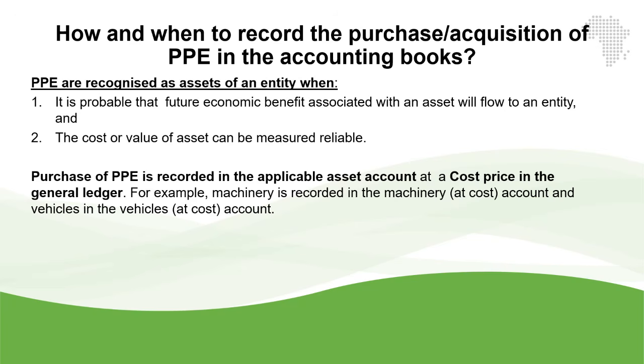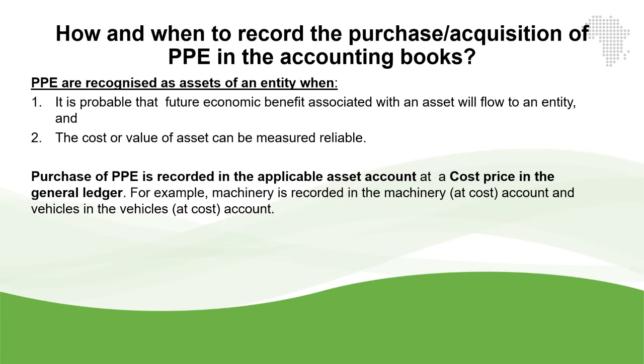If you check number 2, we've already addressed it because we've looked into the cost price. We were trying to determine the cost price there, which means we were able to measure the cost price of that asset reliably. The first one talks to probable, it says it's likely that the future economic benefit associated with an asset will flow to the entity.